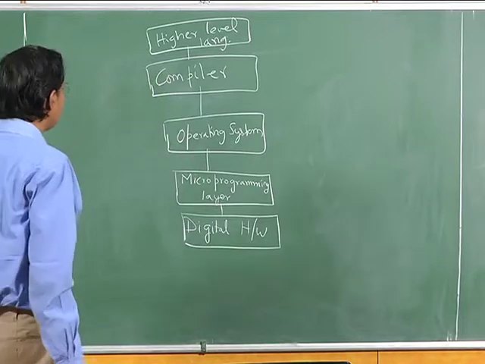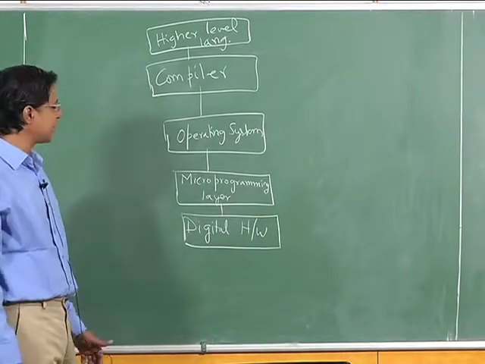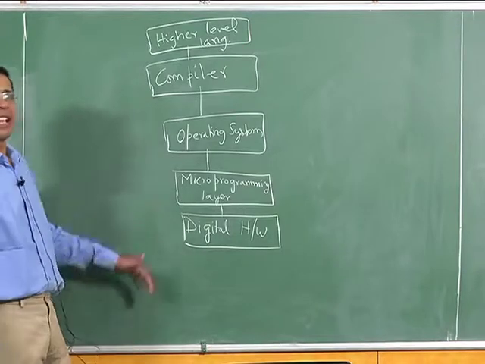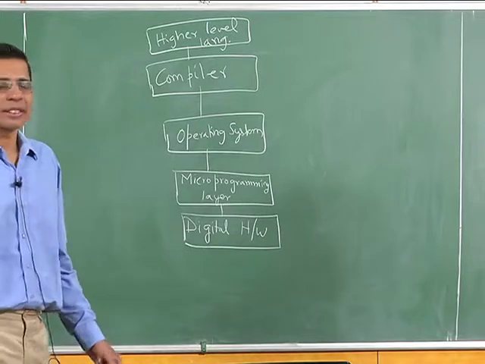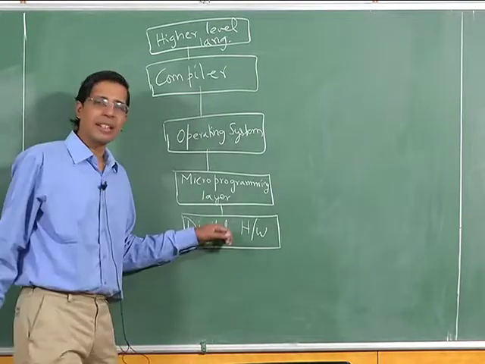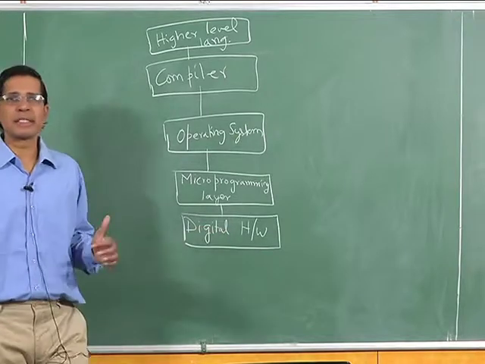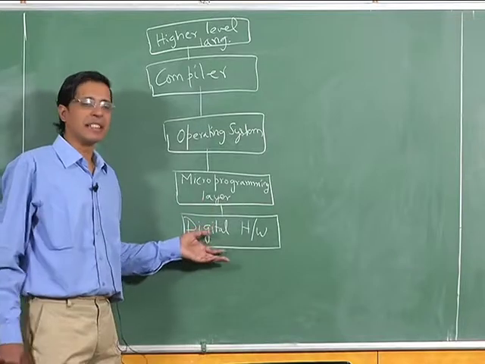In a computer architecture and organization course, we have to basically address all these 5 layers. What we have done in the first 4 lectures was some introduction to the digital hardware and number representation, of how data is being represented in the digital hardware.